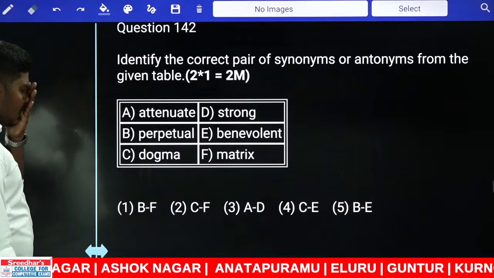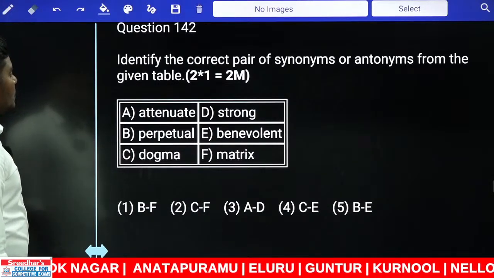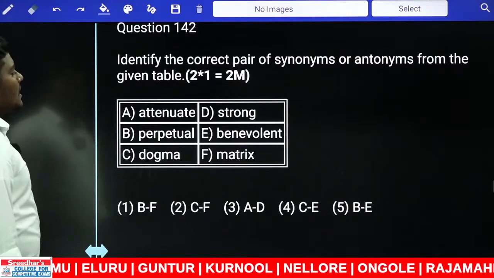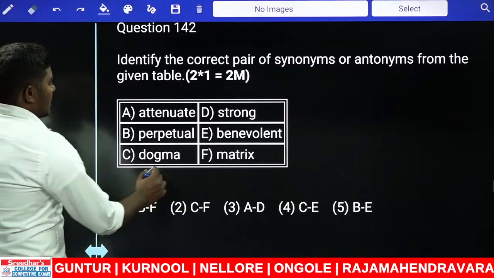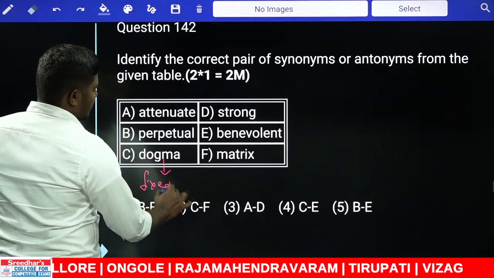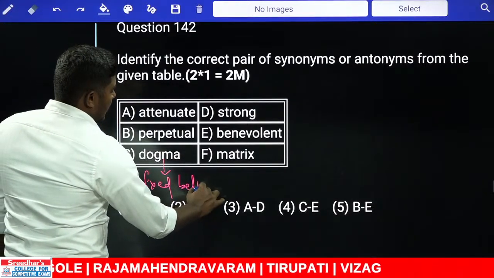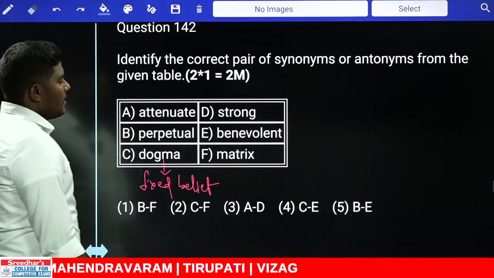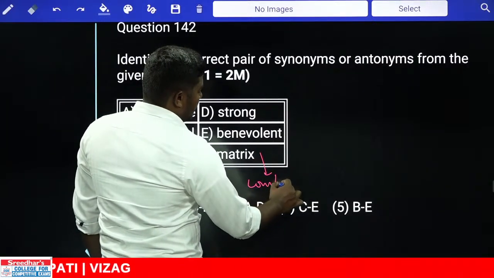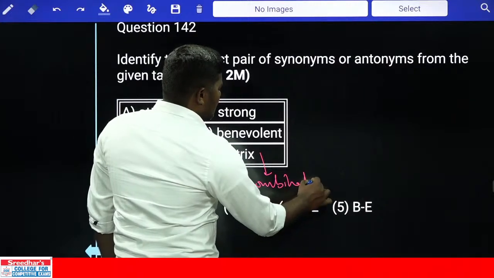Attenuate, another one is strong. Next one, perpetual. Next one, benevolent. Dogma, matrix. Dogma is nothing but a fixed belief. A fixed belief is called dogma. Matrix is a combination. It has many meanings.